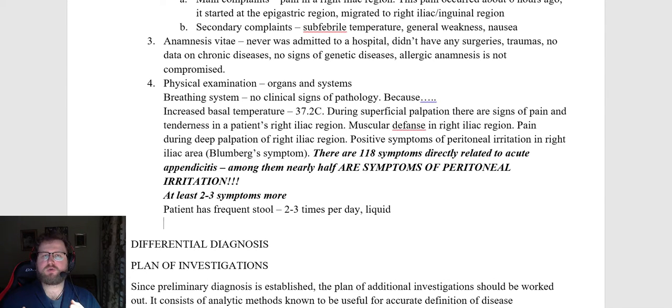But we've continued to examine the patient's urinary system.